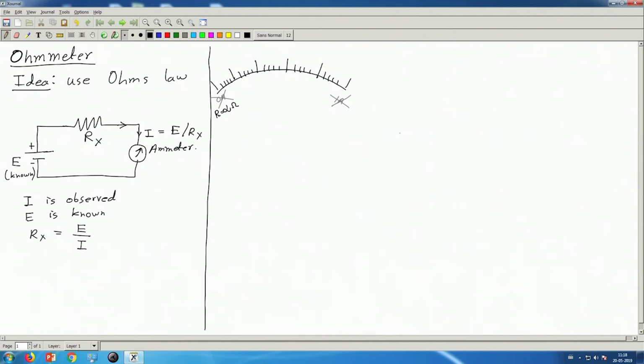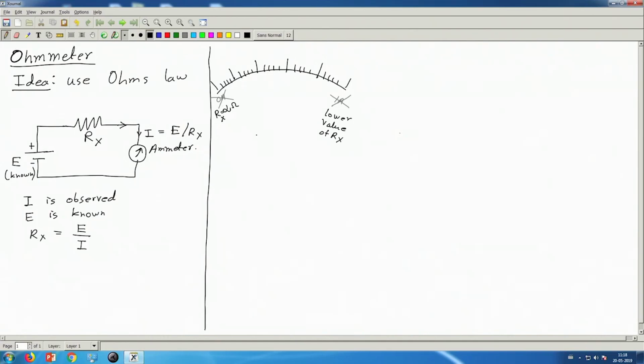This side will be R equal to infinite ohm, and as I go from the left to the right, the current value is increasing, which means the resistance is definitely decreasing. Okay. So this side will have a lower value of Rx and this is a higher value of Rx.